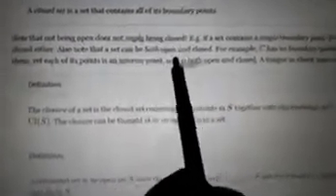Note that not being open does not imply being closed. For example, if a set contains a single boundary point, it is not open, but it is not closed either. Also note that a set can be both open and closed.